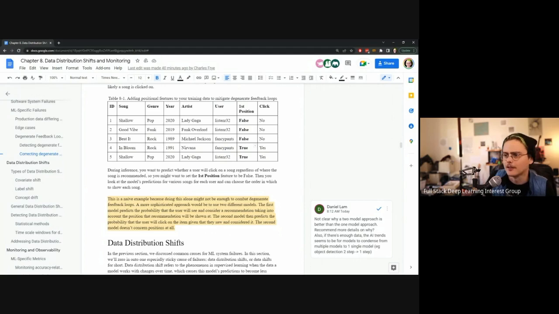Even the simplest version of that, which is just including a variable that you think might bias your model and then freezing it, or separating out into two models, one of which models the nuisance variable and one of which models the thing of interest, can get you pretty far.